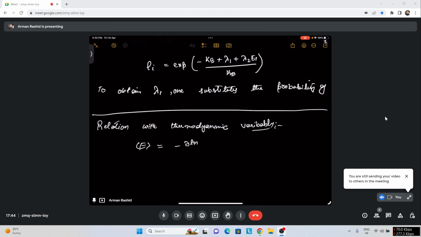We have seen that thermodynamical energy is given by minus d ln Z divided by d beta.